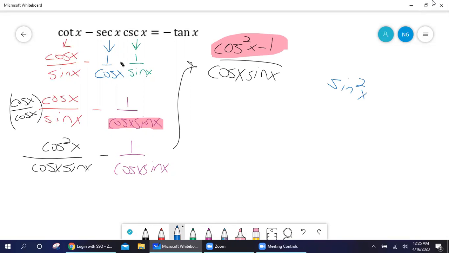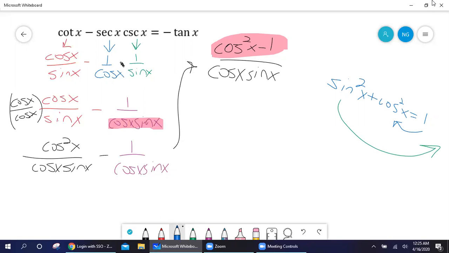We know that sine squared plus cosine squared is 1. If I rearrange this formula to get cosine squared minus 1, I would subtract this 1 over, and that would mean I'm also going to have to subtract the sine squared to the other side.